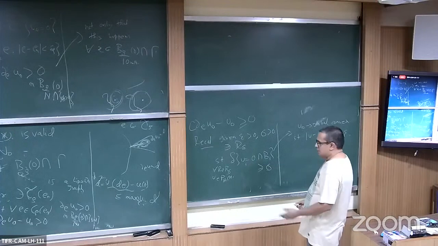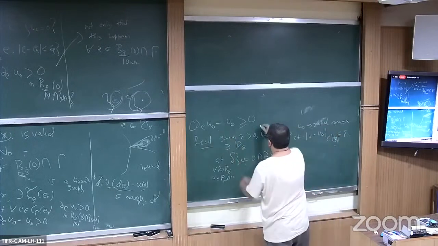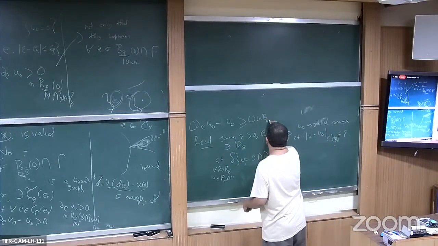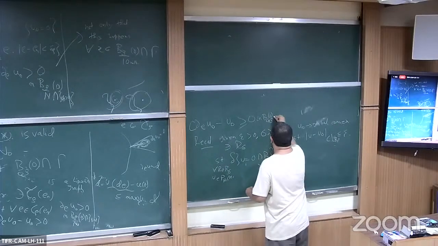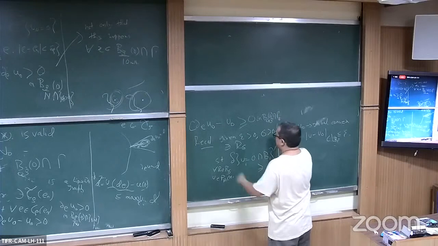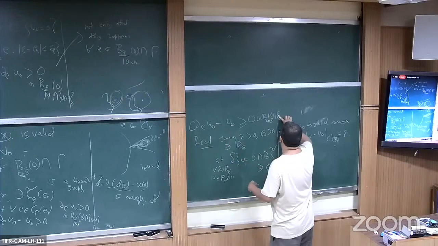Right? So therefore, if I apply it over here, this happens in B rho of 0 intersection the positivity set of U naught.